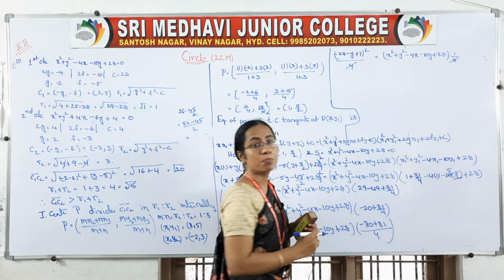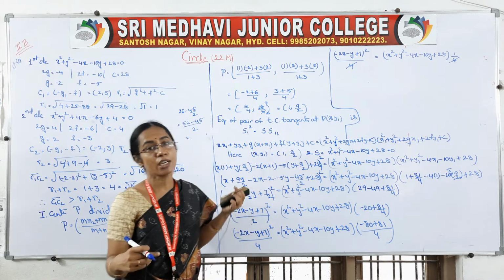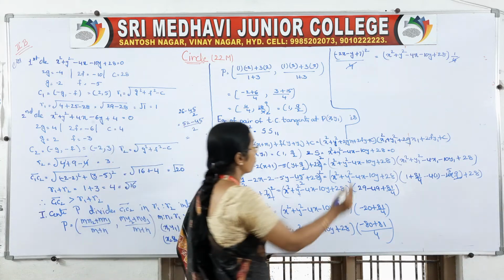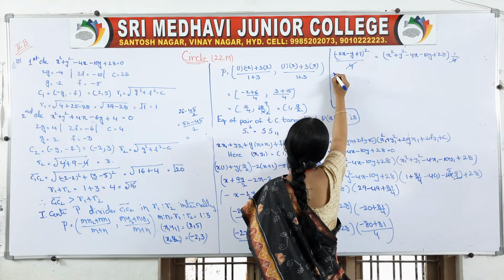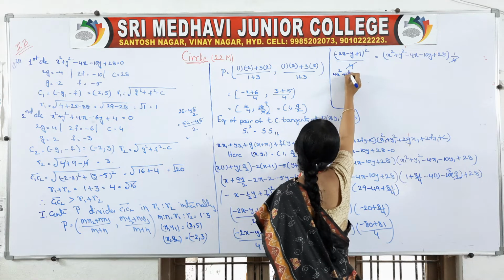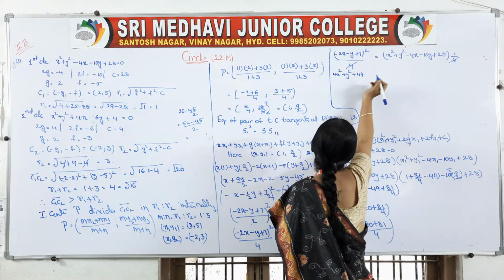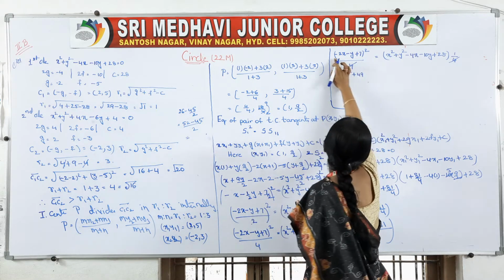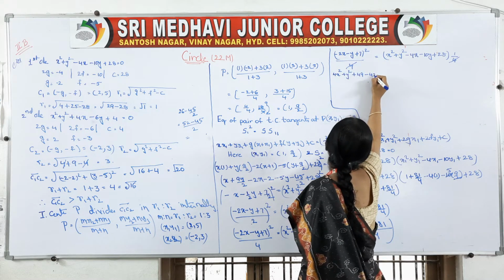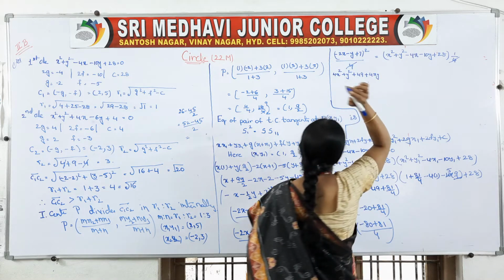This is (a plus b plus c) whole square form: a square plus b square plus c square plus 2ab plus 2bc plus 2ca. So minus 2x whole square is 4x square. Next, minus y whole square, y square, 7 square 49. 2ab is minus 2 into minus 2, so 4xy, minus of minus is plus.